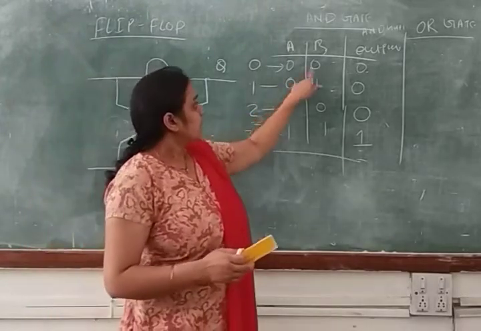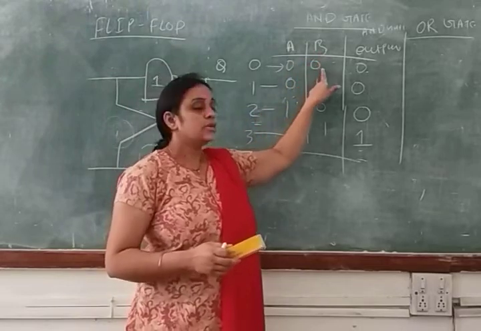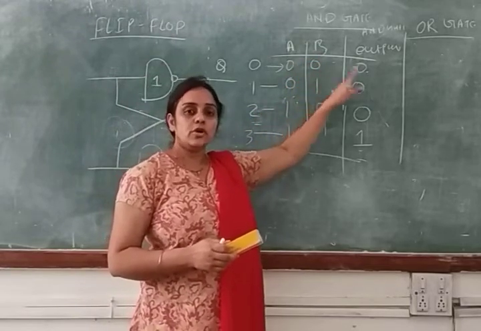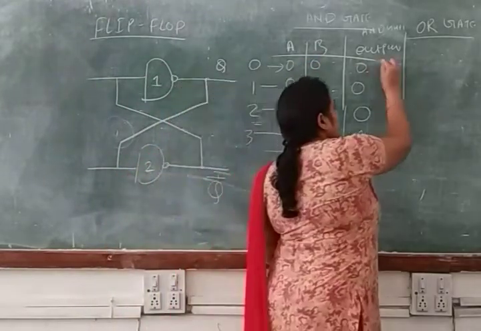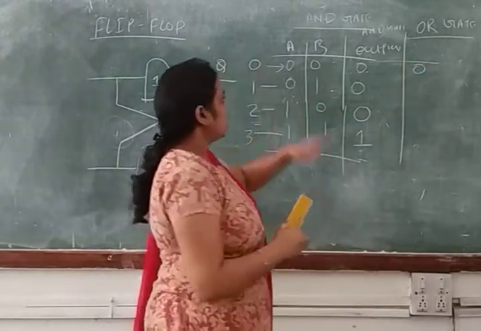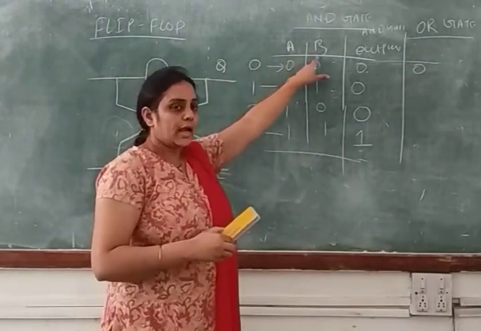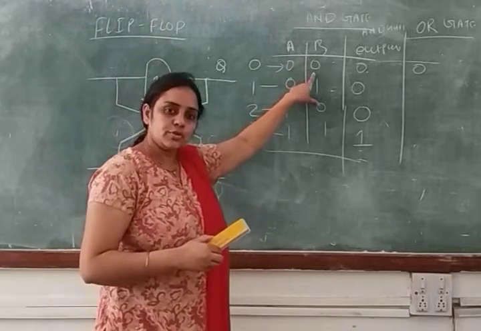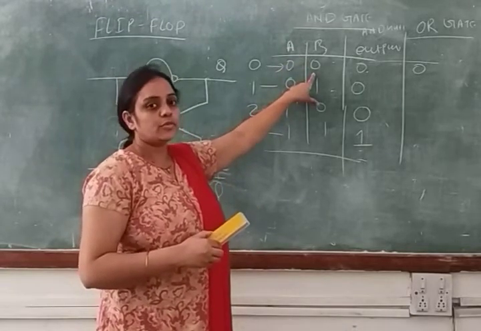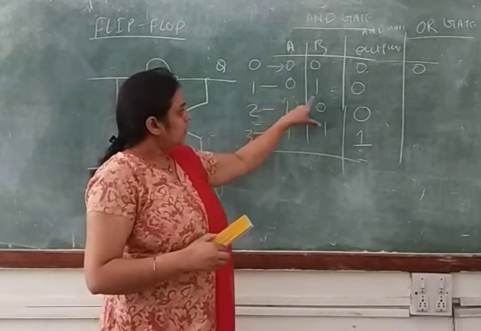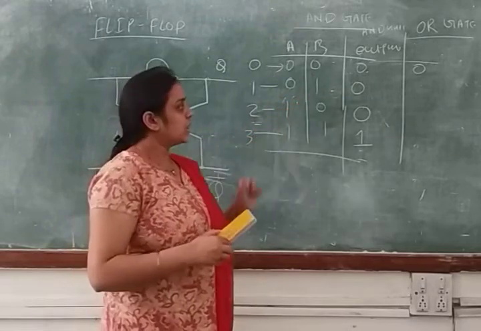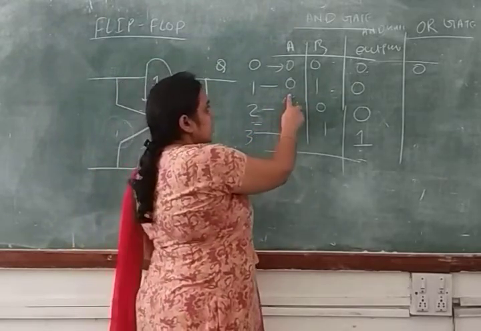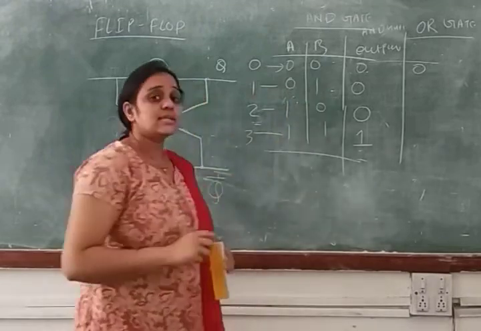Then let's see, A value is 0, B value is 0. In that case you will get output 0, because here you have two input variables and both have a value 0. That's why your OR gate output is 0. Now we will see the next combination: A value is 0 and B value is 1.